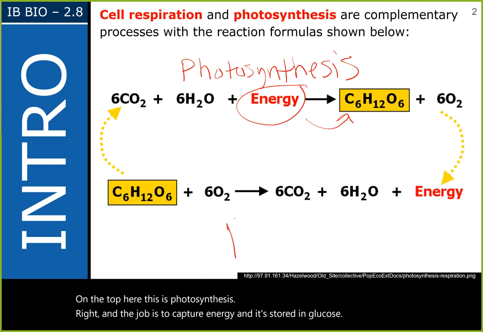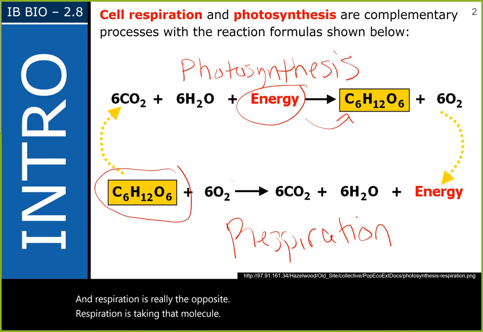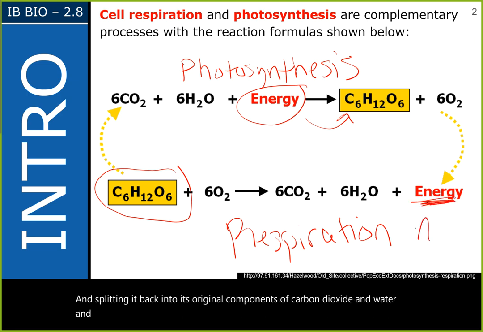And respiration is really the opposite. Respiration is taking that molecule, adding oxygen, and splitting it back into its original components of carbon dioxide and water and releasing that energy in the form of ATP so that your cells can use it.